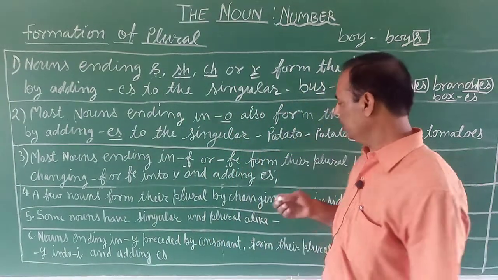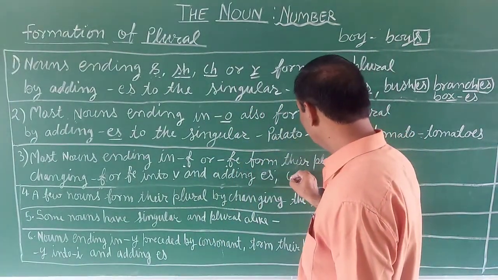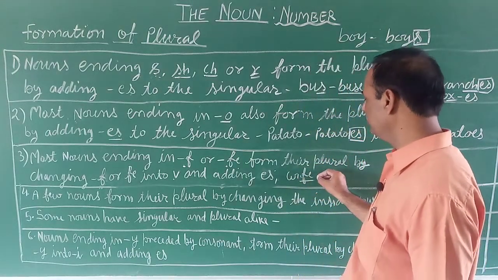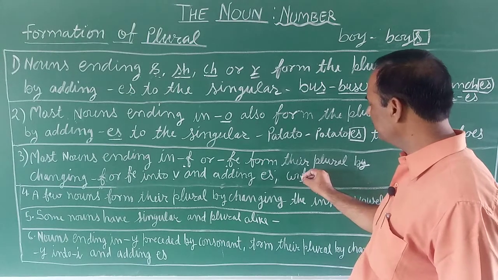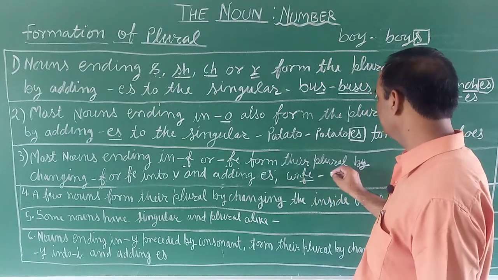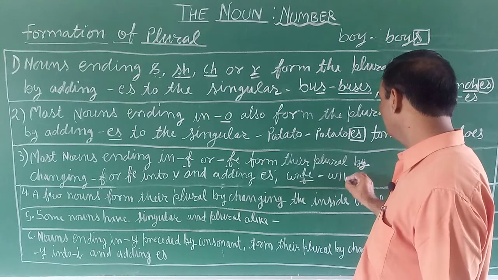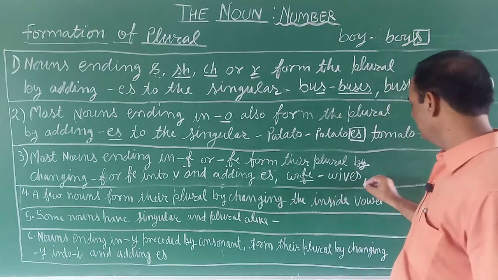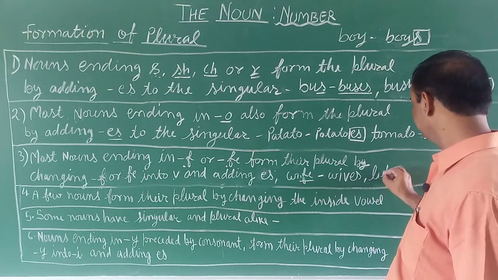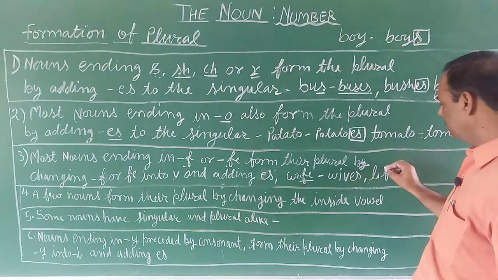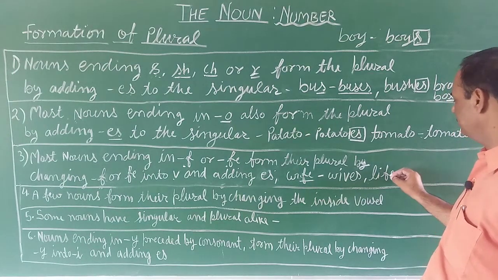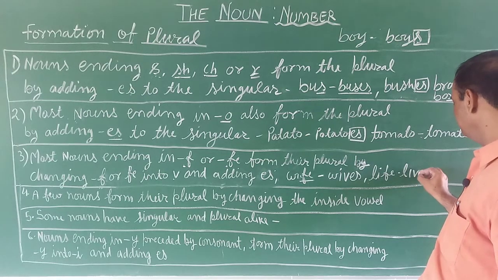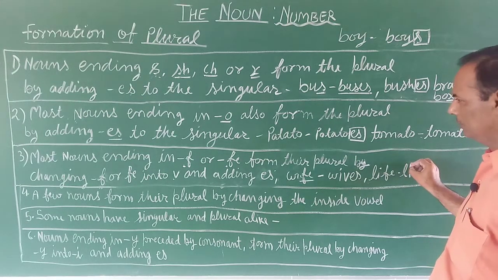So how? As wife, ending with FE. So how to change? FE will be changed into V. Wives, and use ES. As life. So how to change? You have to remove this F and use VES, lives.